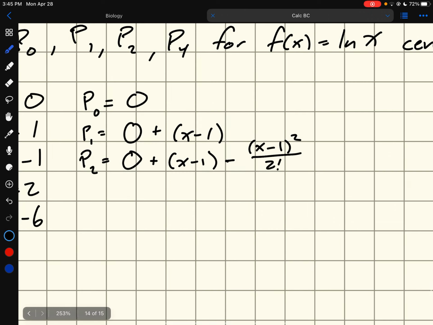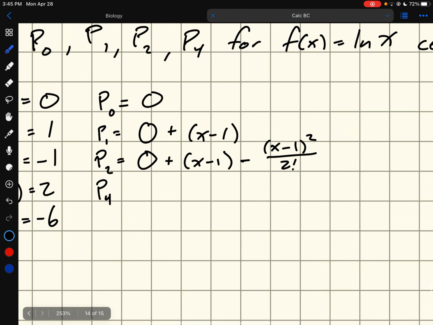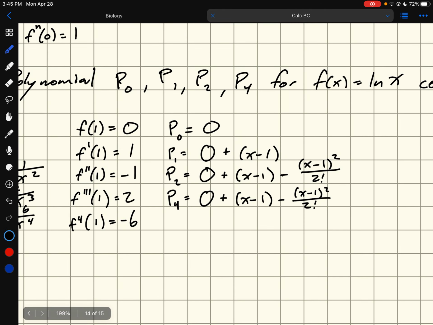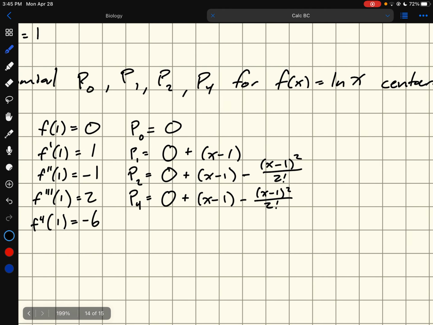Yeah. Okay, now p sub 4. P sub 4 includes everything from p sub 2, and then also the new term from p sub 3, and then one more term for p sub 4. So I'm just going to rewrite this because it's including everything here. And then we want p sub 3. So that's going to be the third factorial, which is this one. So now we have actually a multiplying 2 there.